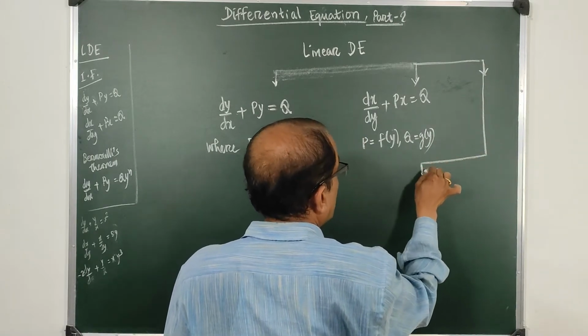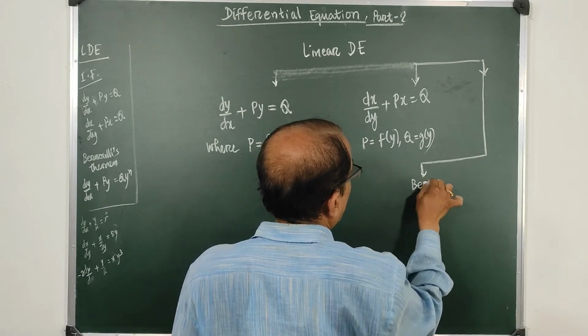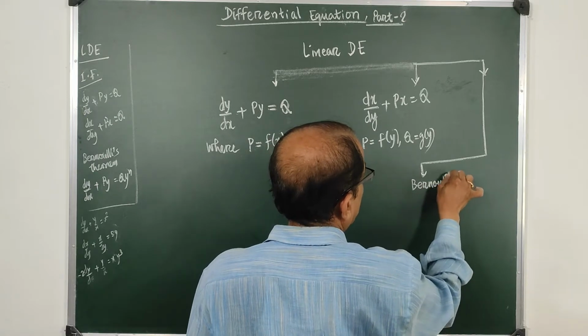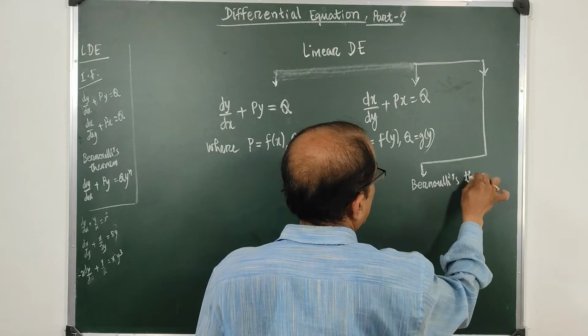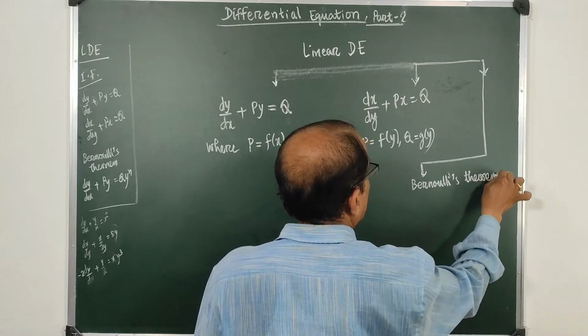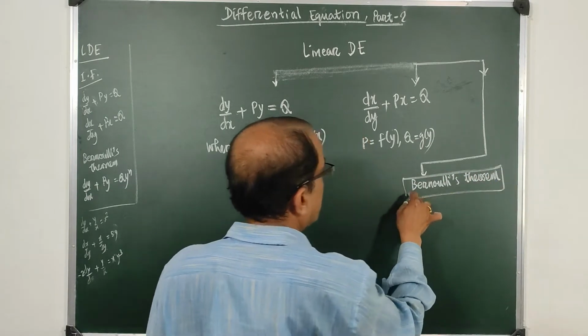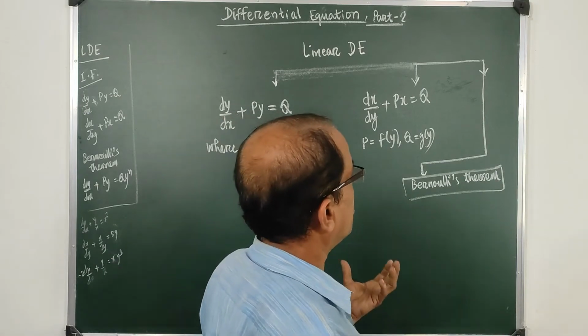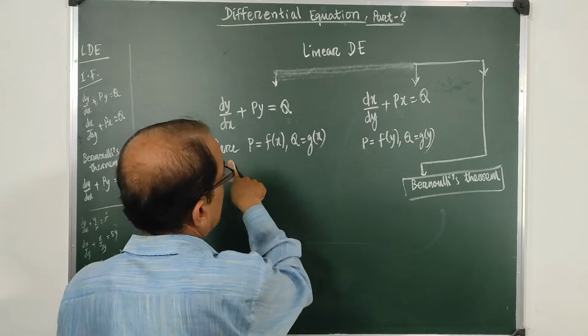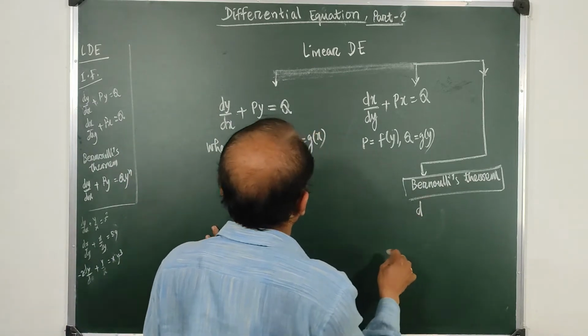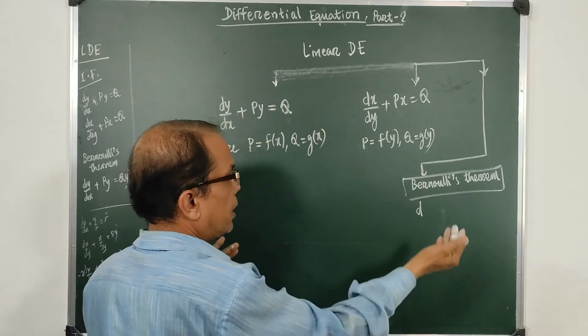And keeping the same, there is a third form, which is Bernoulli's form. In this form there is a special type of equation which has to be converted either to this form or that form, and it appears with a higher power of the variable on the right hand side.